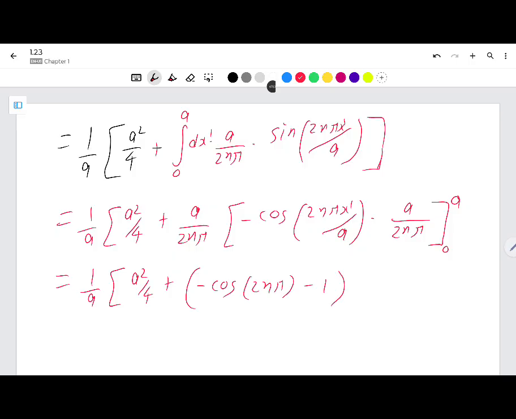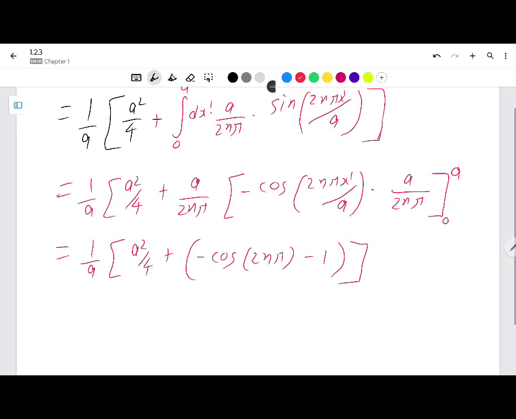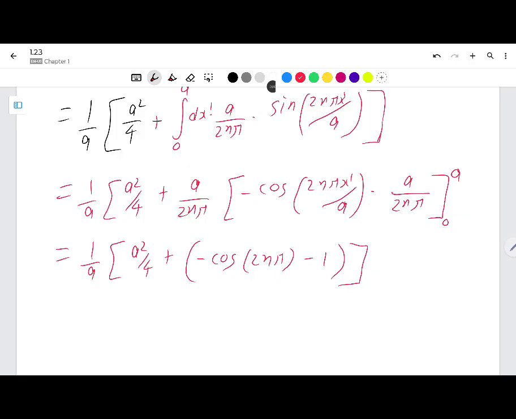Cos 0 is 1. Cos 2n pi will always be 1, since 2n pi is an even multiple, so it will always be 1.